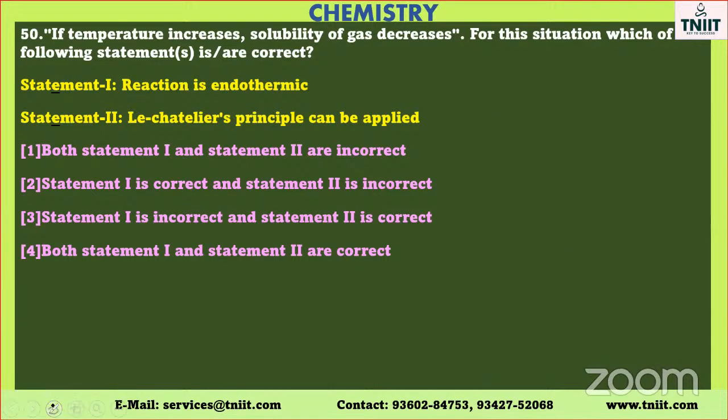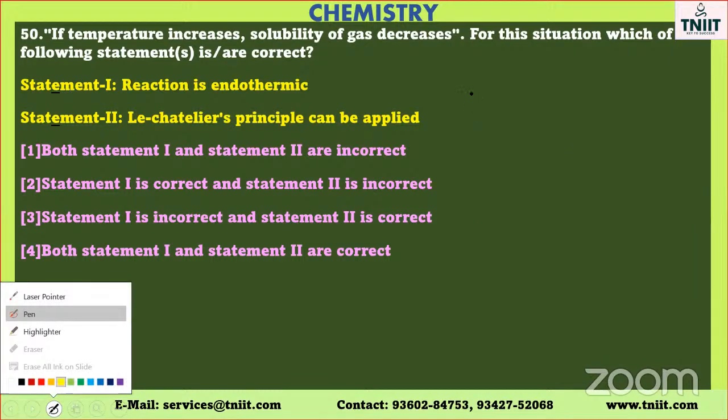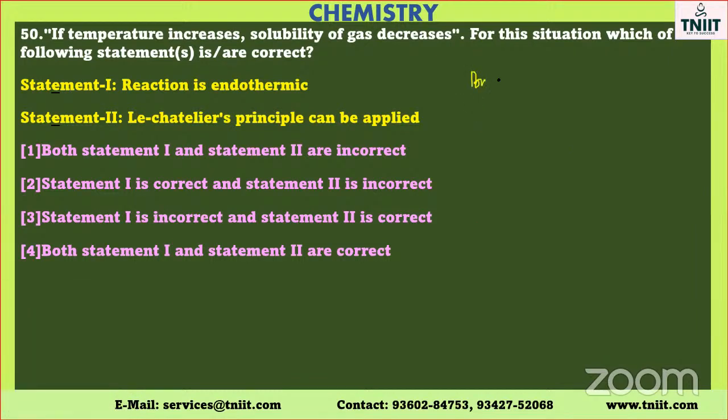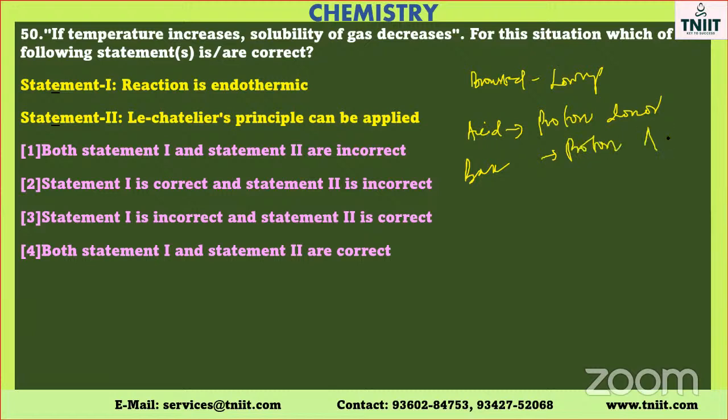Now, according to Bronsted-Lowry theory, what is an acid? According to Bronsted-Lowry theory, an acid is a proton donor. H plus donors are called acids and a base is a proton acceptor.